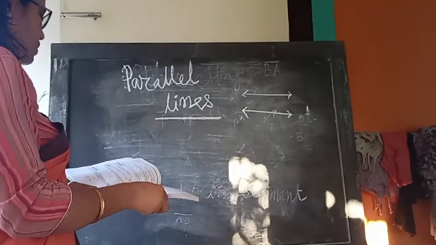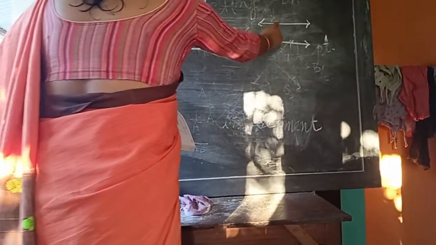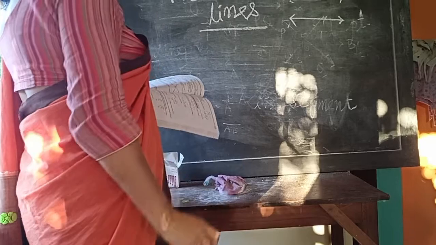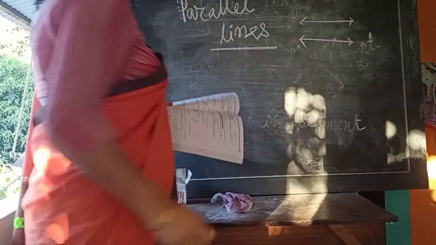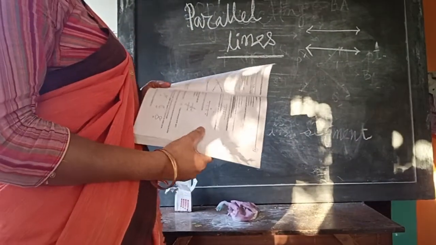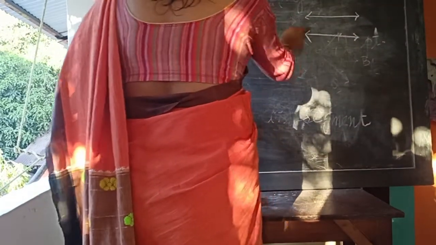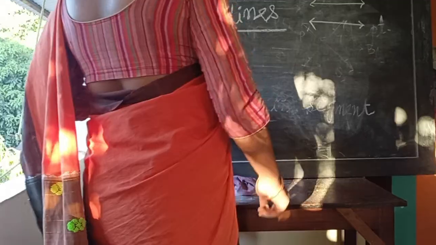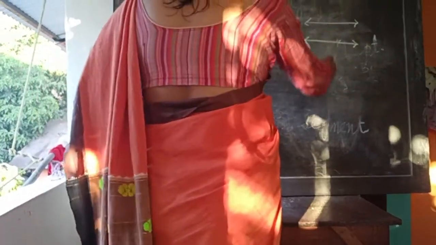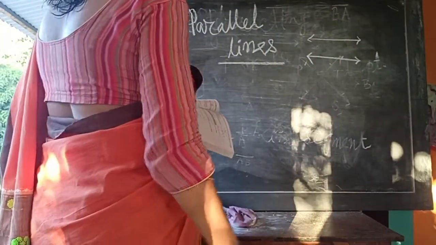Okay? These are lines, they do not intersect. That means we do not get a common point of these two lines in any direction of the plane. Suppose here this is one direction and here this is another direction. They do not meet at any point of the plane. Then these lines are known as parallel lines.